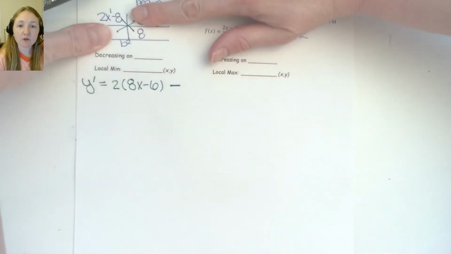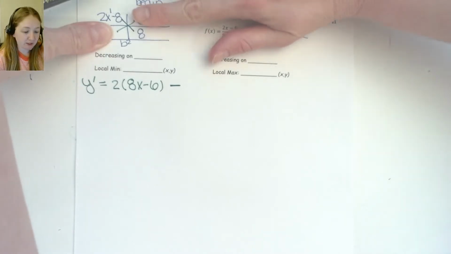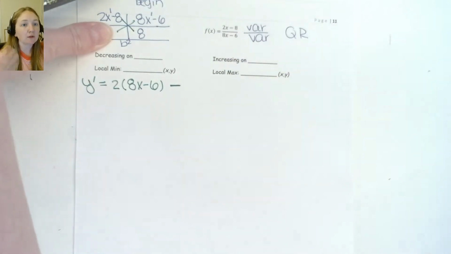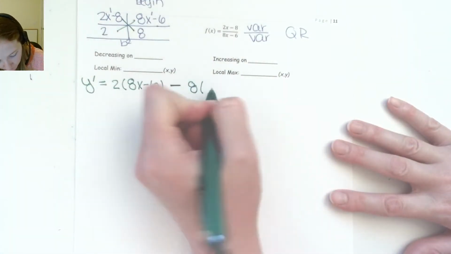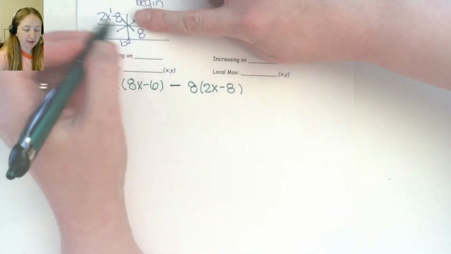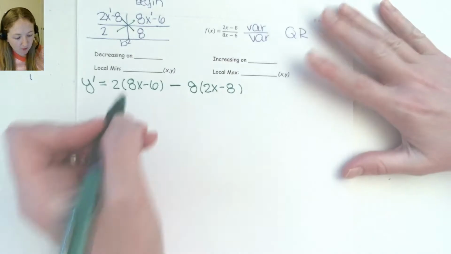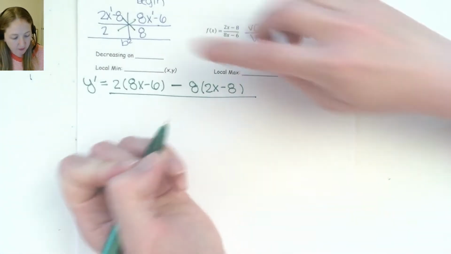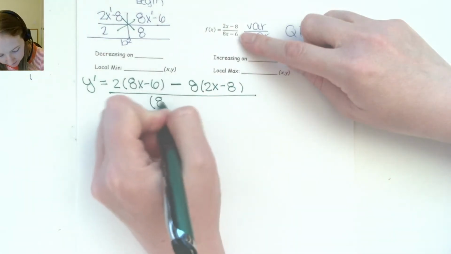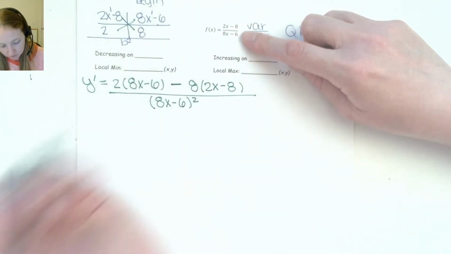When I'm looking at the main diagonal, I notice that I have this 8 coefficient that can go in front, and that will eliminate some of the extra distribute work for me. So I'm going to put that 8 in front just to make the distributing a little easier, and then multiply it by the 2x minus 8. That will then all be over the bottom squared. The bottom squared is the 8x minus 6 quantity squared.